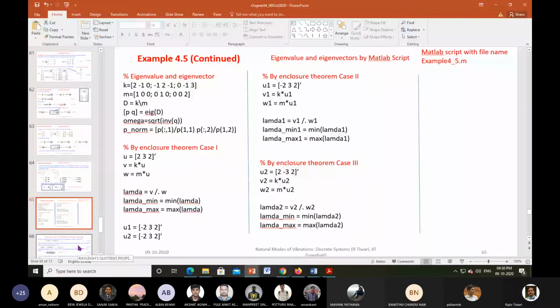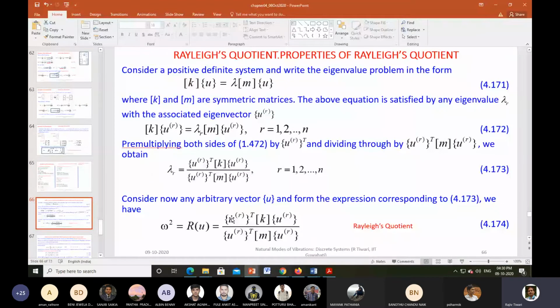There is another approximate quotient that is called Rayleigh's quotient, and we'll see the property of Rayleigh's quotient now. So again, this is the eigenvalue problem. We have the standard K u equals lambda M u.